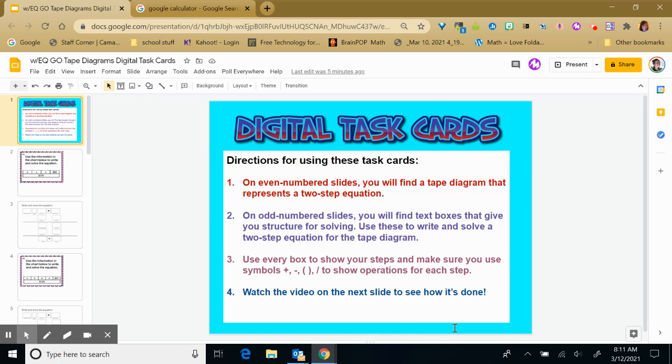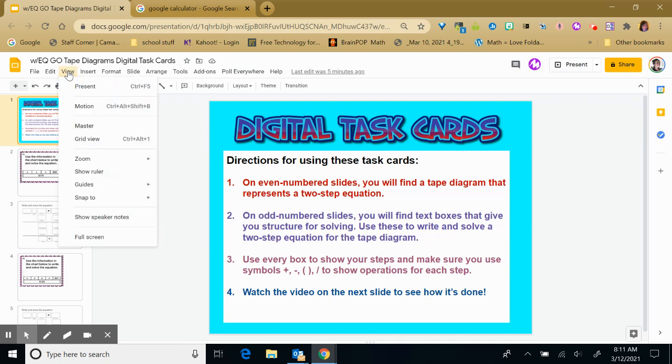We're already here, so you're watching the video. The first thing I'm going to do, just to give myself a little bit more room and make it bigger, I'm going to go up here to the menu bar at the top, click View, and put Full Screen.